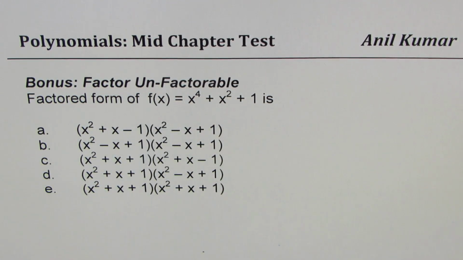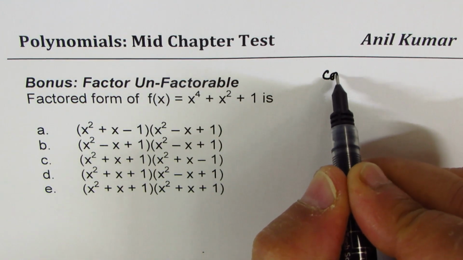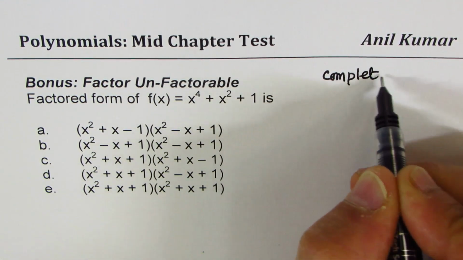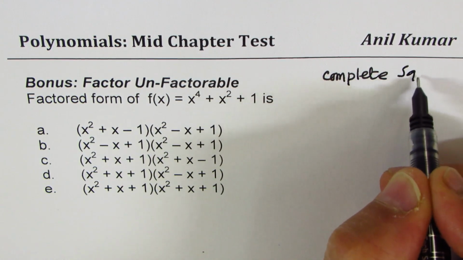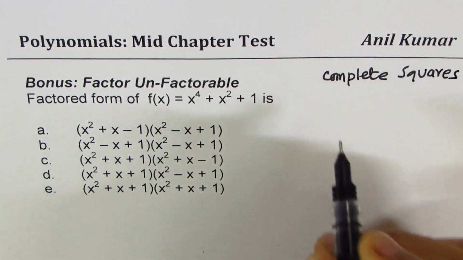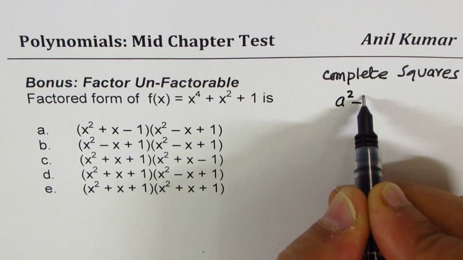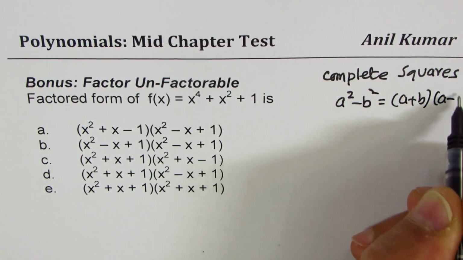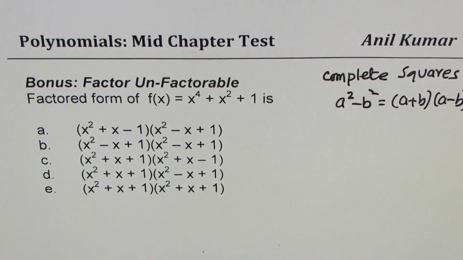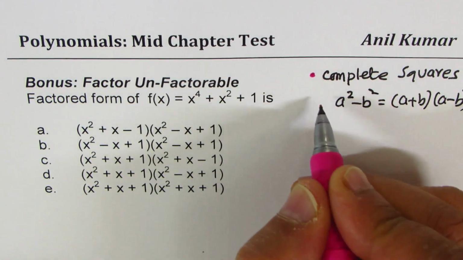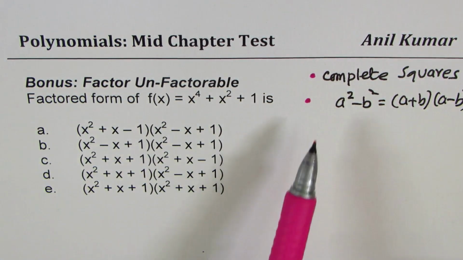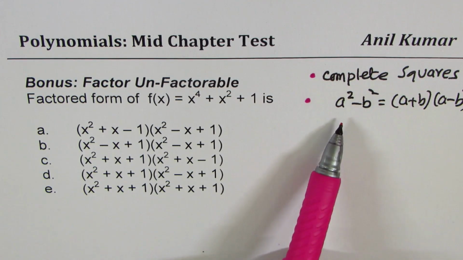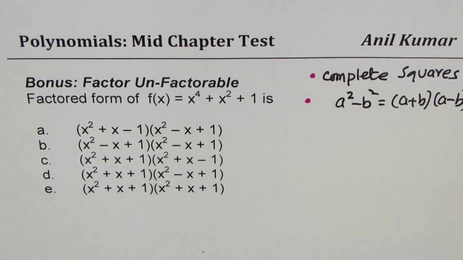But see, we can actually complete squares, and then we can apply the concept a square minus b square equals a plus b times a minus b. So that is the trick involved in factoring such polynomials. You can take this as a hint, solve, and then check with my solution. It's a learning process. Perfect.